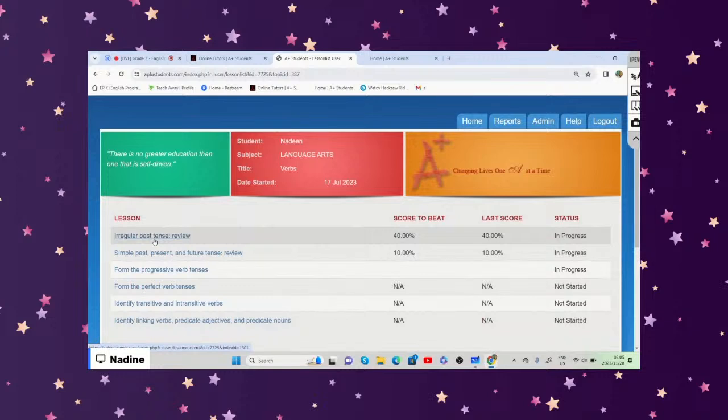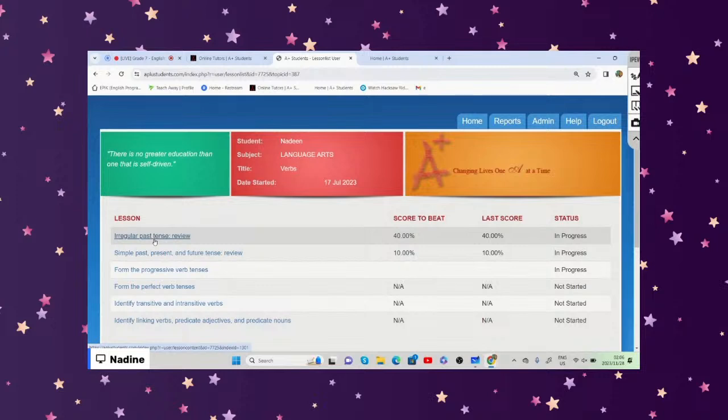For example, if I say now I watch a movie, in the past tense it is I watched a movie. We just added ed to the verb watch. But with irregular past tense there's no rule to follow. You just have to know what the verb is.